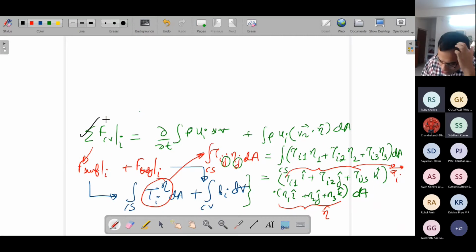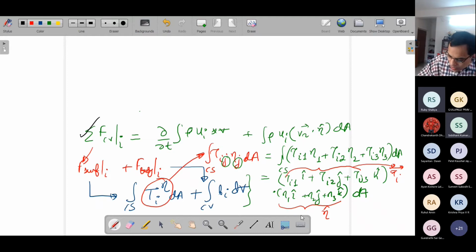Before that, as per custom, the unsteady and advection terms, or the flux, both of the terms which are there in the right hand side here, are actually kept in the left hand side. In fluid mechanics, normally we write the acceleration term in the left and force in the right, whereas Newton's second law writes the opposite.